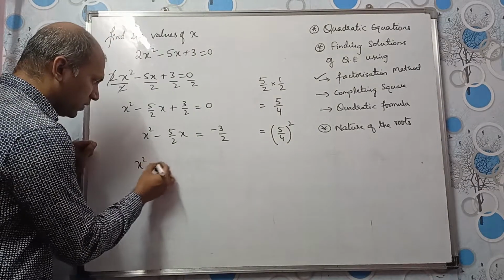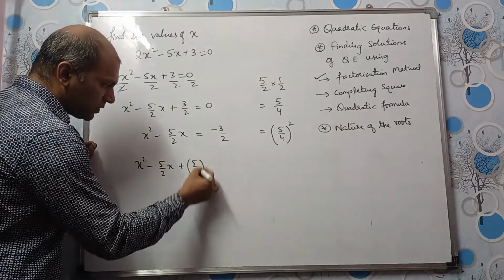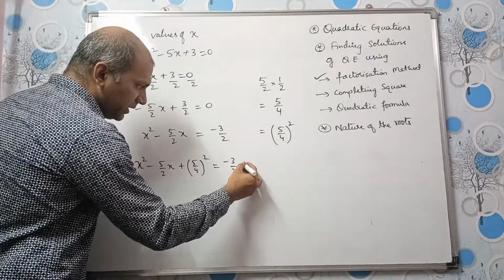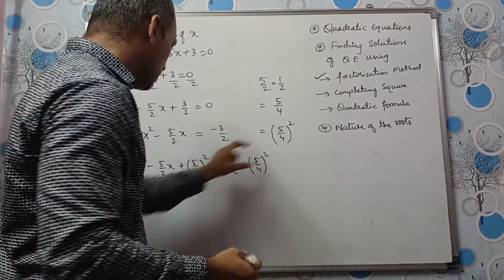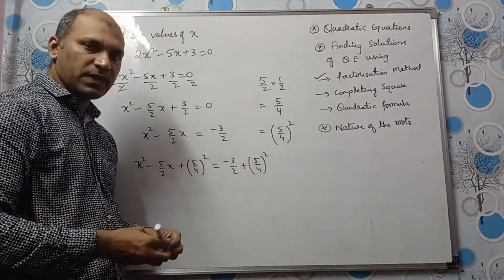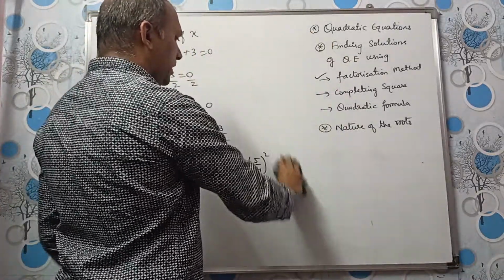So we have x square minus 5 by 2x plus 5 by 4 whole square equals minus 3 by 2 plus 5 by 4 whole square. See, we added 5 by 4 whole square both sides. Please practice this.